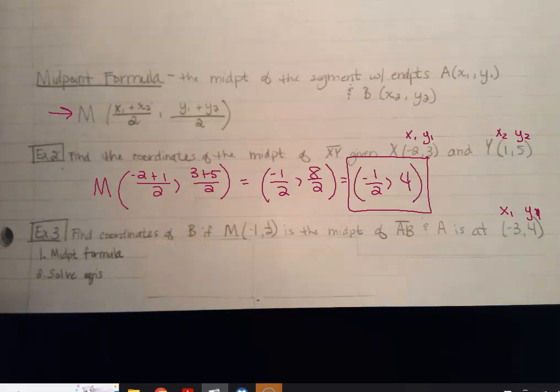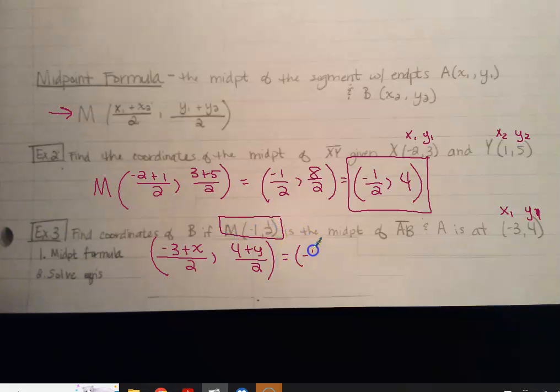So we're going to say our midpoint is (-3 + x) divided by 2, comma, and then our next one is going to be our y values. So we're going to have 4. So (4 + y) divided by 2. All right, so we've got our midpoint formula there, but we also know what it's equal to, right? Because they told us the midpoint right here. So we're going to say that's equal to (-1, 1/2).